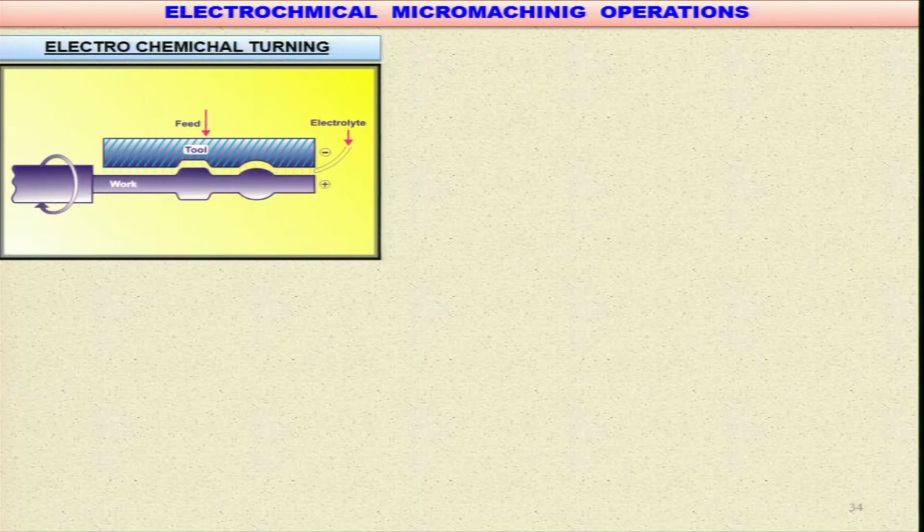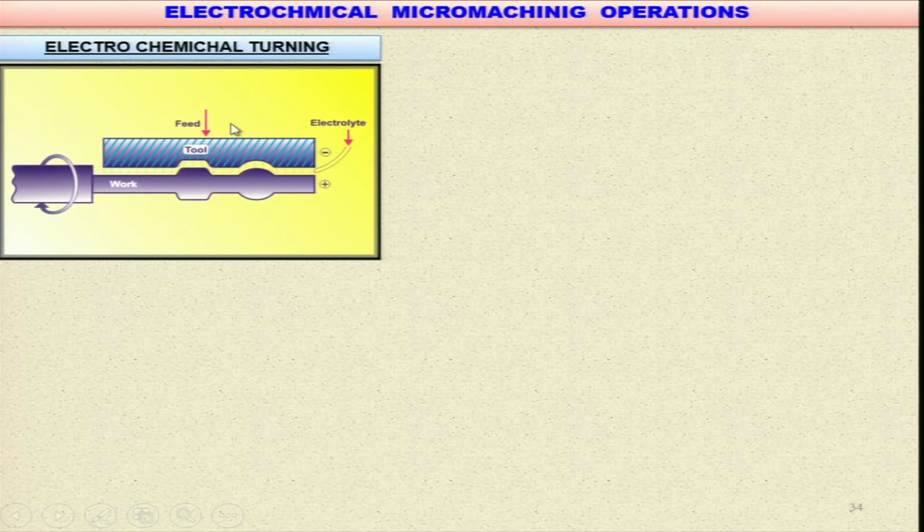Electrochemical micromachining has other very interesting operations. Electrochemical turning is there, and you can use it as micro turning also. Here the feature that you create should be in terms of microns, so that this feature is in micron, and this is also going to be in terms of micron. This can be like this and this can be like this.